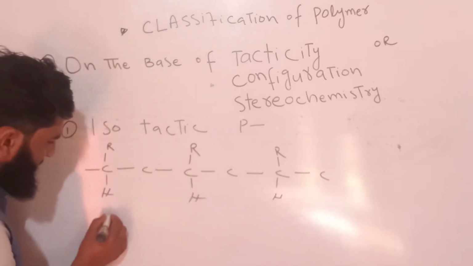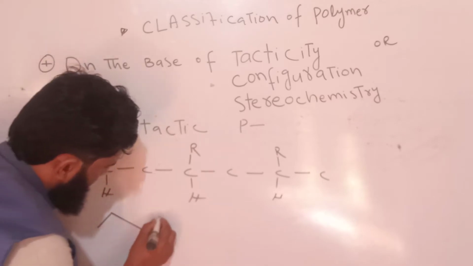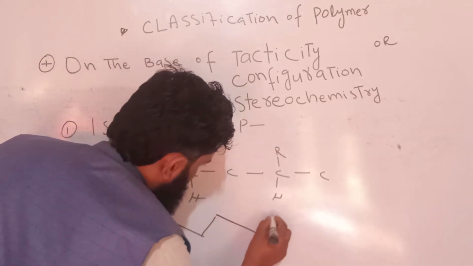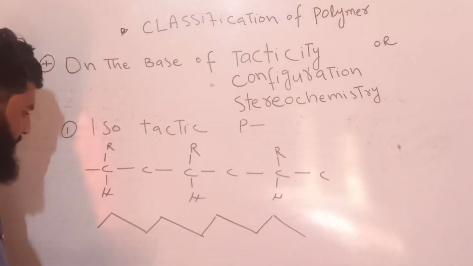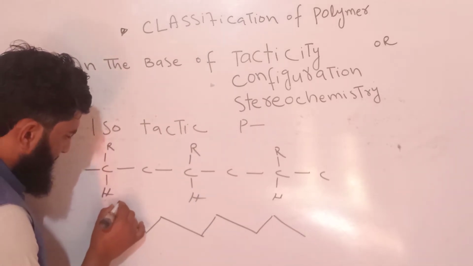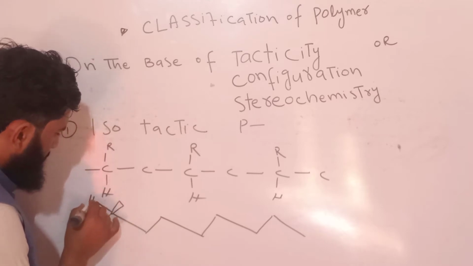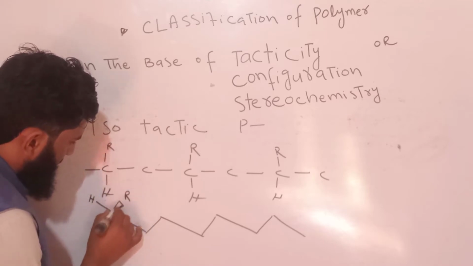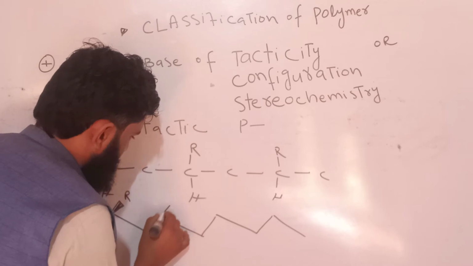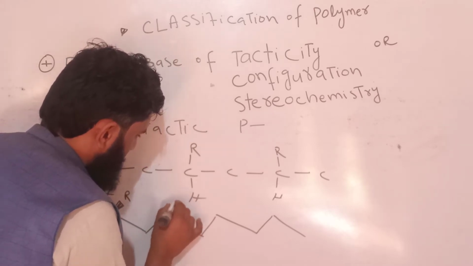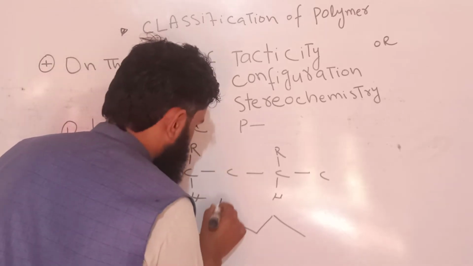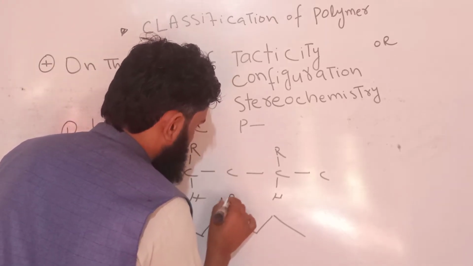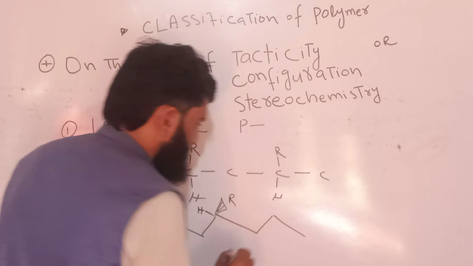It can be represented as, for example, a long chain of carbon. So for example, this is hydrogen and this is alkyl group, this is alkyl group and this is hydrogen, this is alkyl group and this is hydrogen.